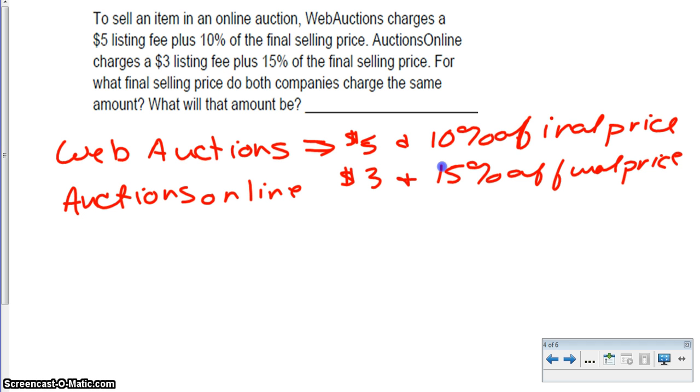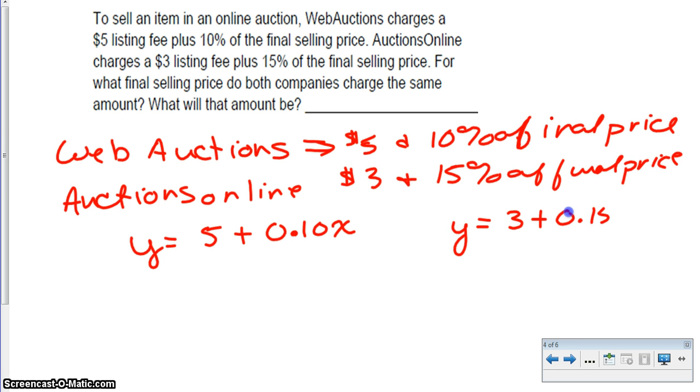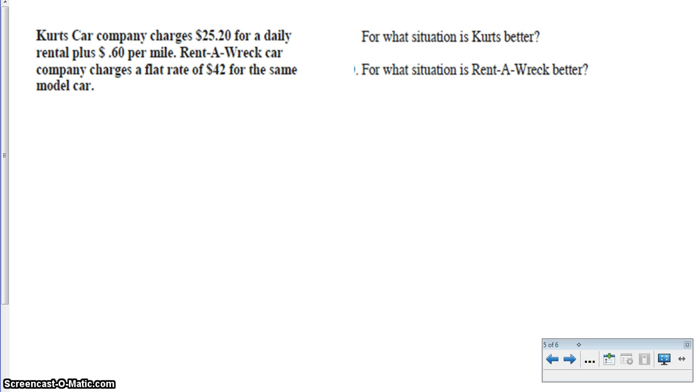Okay? Well, this is a case of y equals 5 plus 10% times the final price. Y equals 3 plus 15% of the final price. And you should be able to figure this one out and give me the answer tomorrow.